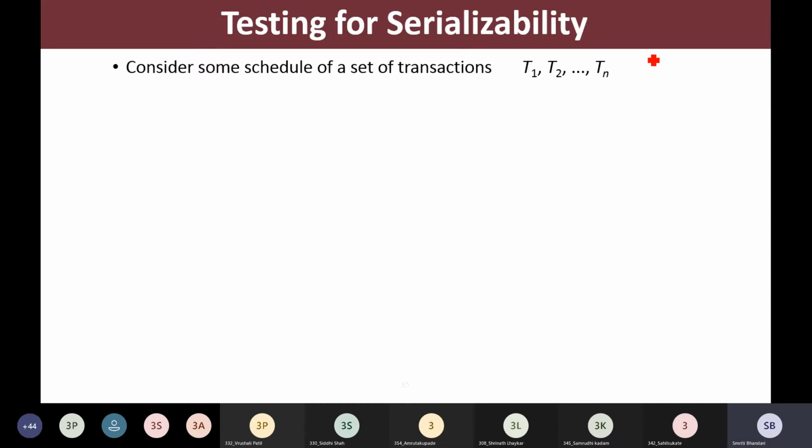So in the last class, we talked about conflict serializability.